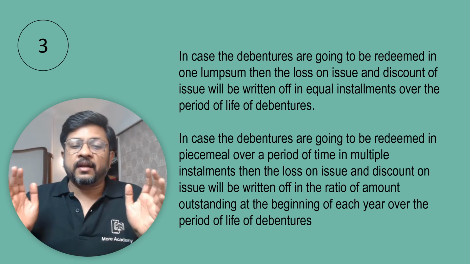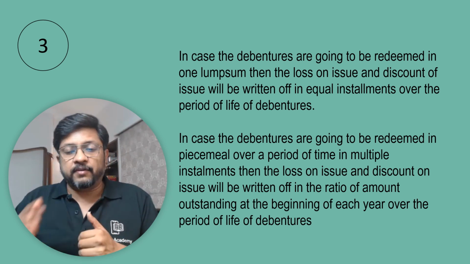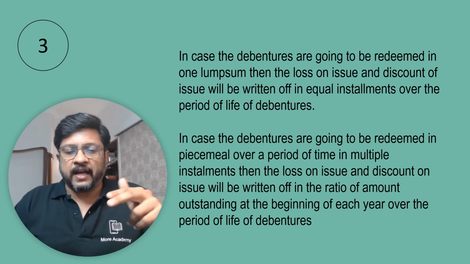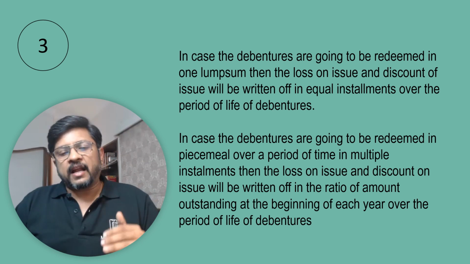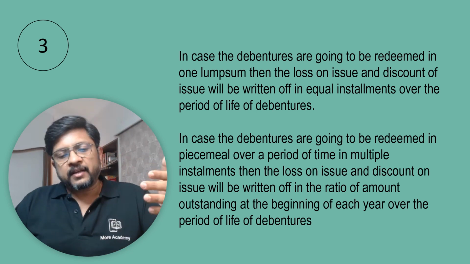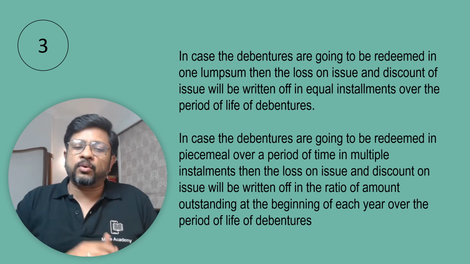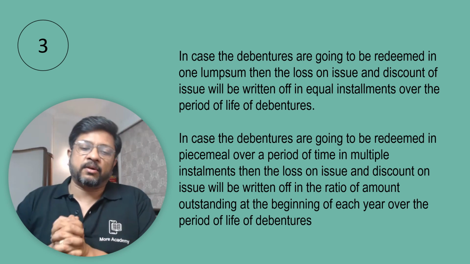So let us say the amount of debentures is 20 lakh and they are going to be repaid in 5 installments, every year 4 lakh rupees. So the opening balance at the beginning of the first year is 20 lakh, at the beginning of the second year is 16 lakh, then 12 lakh, then 8 lakh, then 4 lakh. So the ratio will be 20 is to 16 is to 12 is to 8 is to 4. In that ratio, you are going to write off the amount of loss on issue of debentures as well as discount on issue of debentures.